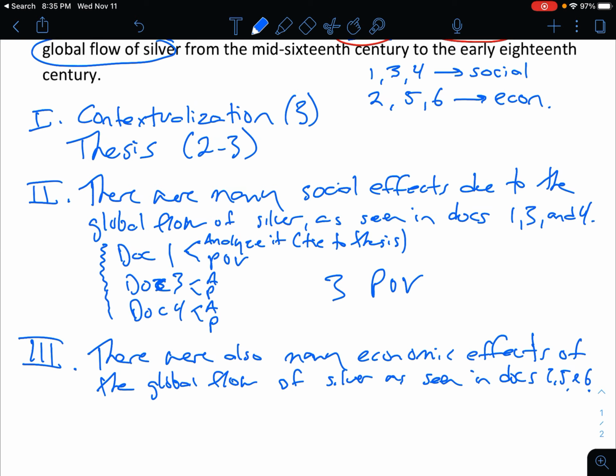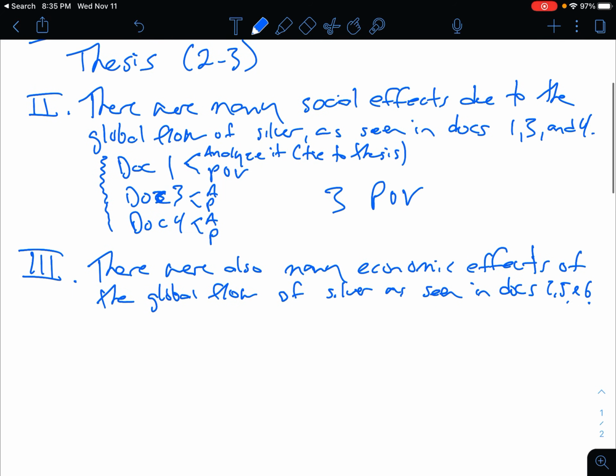Right? This part, the organization is fairly straightforward. It's really not too difficult. And then again here, same as the last paragraph, I'm going to have a section on Doc 2, a section on Doc 5, and a section on Doc 6, all within this same paragraph.